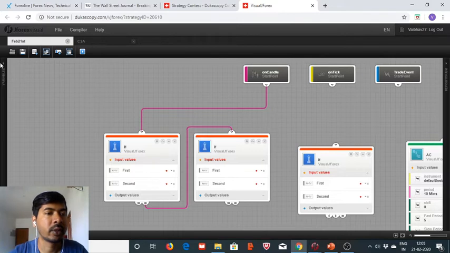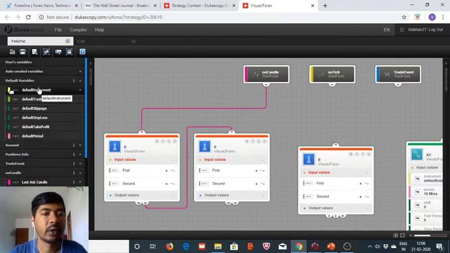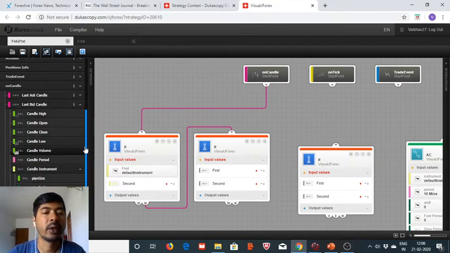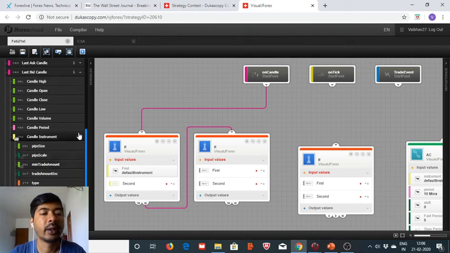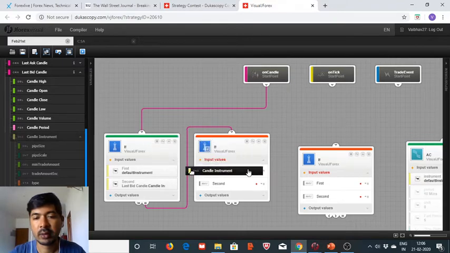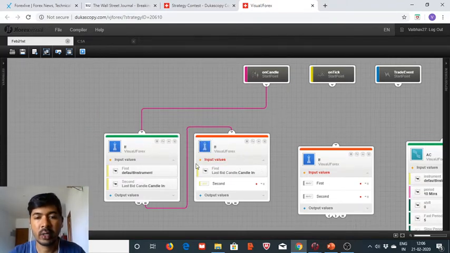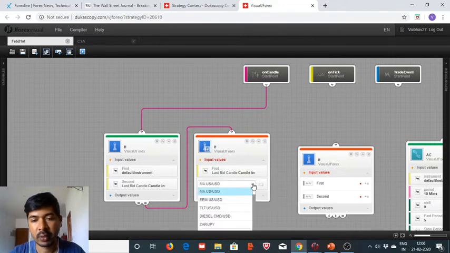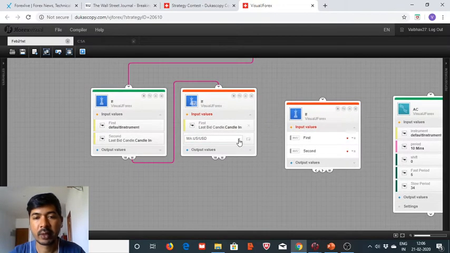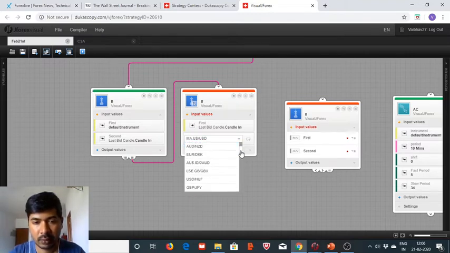So we will do the instrument subscription, and for that we need the default instrument, and the default instrument needs to be matched to the candle instrument. The candle instrument is here, and we will match it with Euro USD. That way we will have a proper instrument subscription, and the algorithm will work as intended.